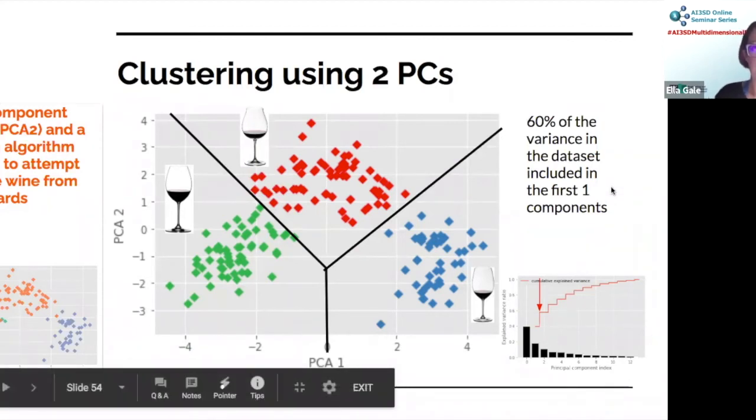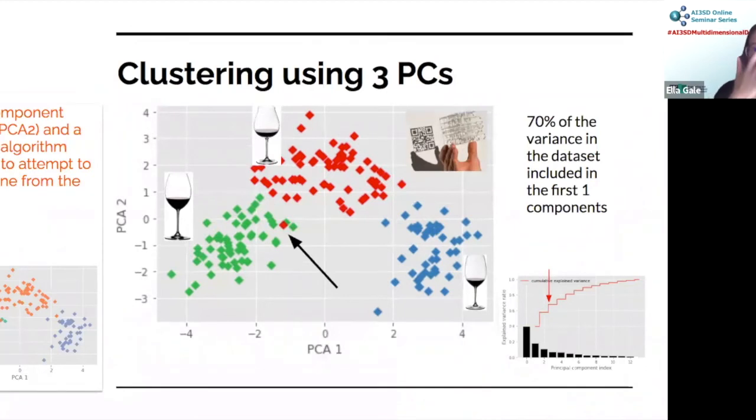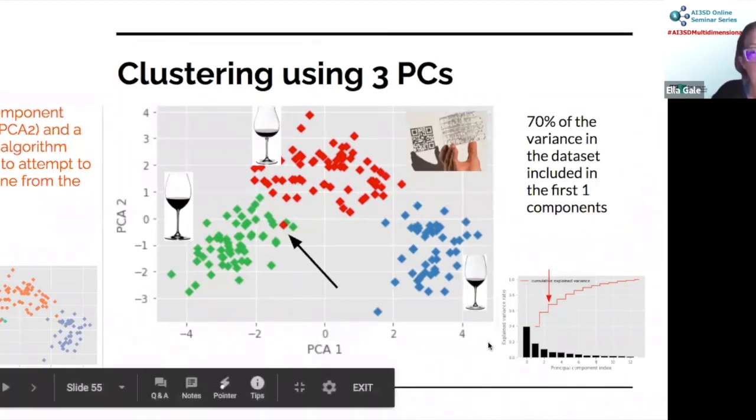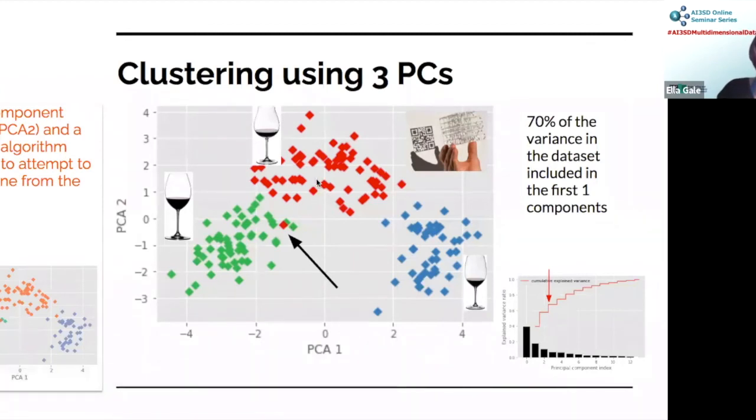Okay, now we move on to using 3 principal components. We've only got 2 plotted here, but we're doing the cluster in 3 dimensions. And what you can see is all of these red points are in the same cluster, all these green points are in the same cluster, but when we project it down, the red overlaps the green there.